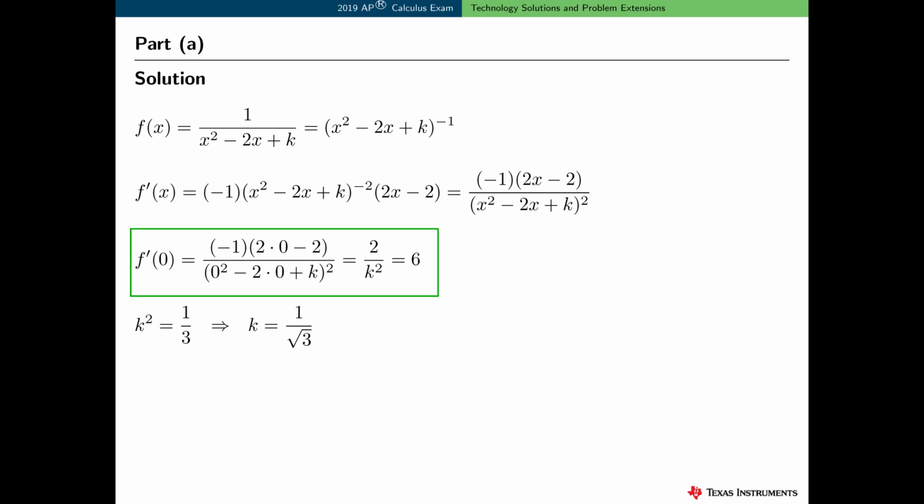We know that the slope of the tangent line of f at x equals 0 is 6. And the slope of the tangent line is the derivative of f. So let's find f prime of 0 and set this equal to 6. Solve for k, and remember we want a value of k that's greater than 0.